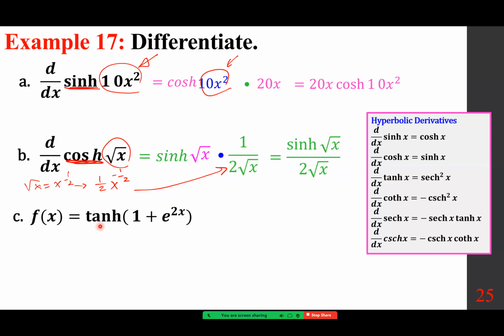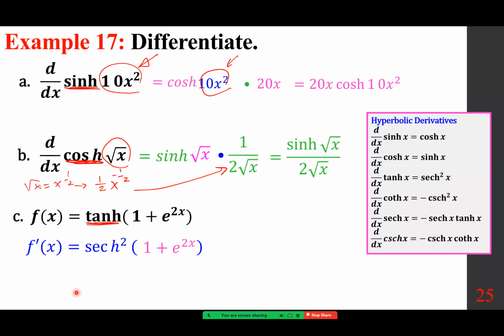So hyperbolic secant squared of, again, this is the shell function. So it gives you that with the same argument, 1 plus e to the power of 2x.